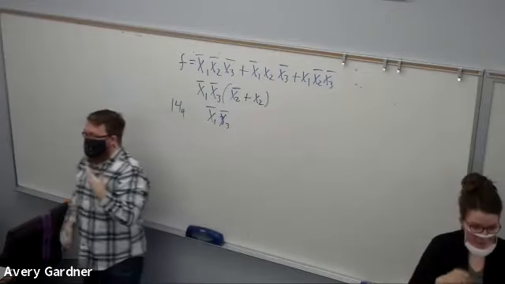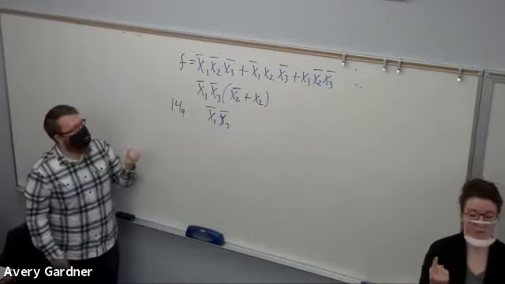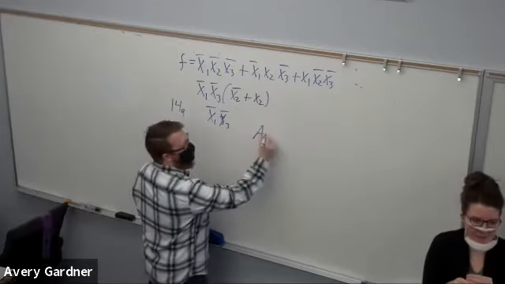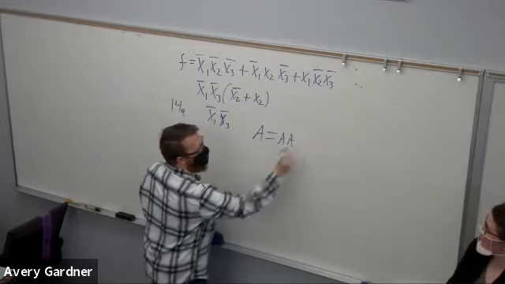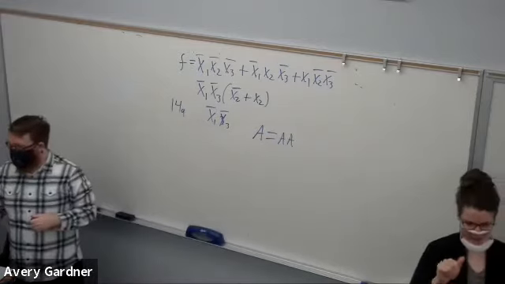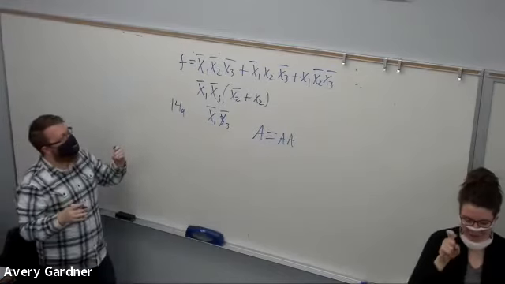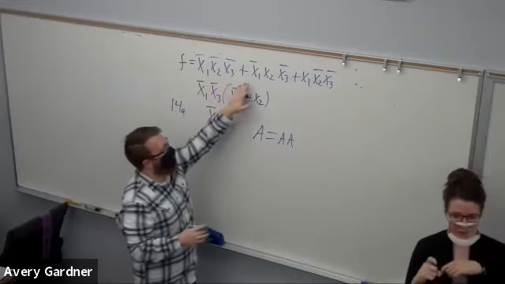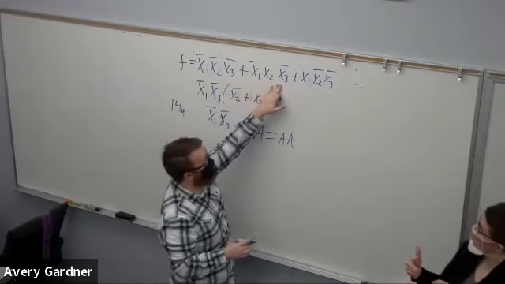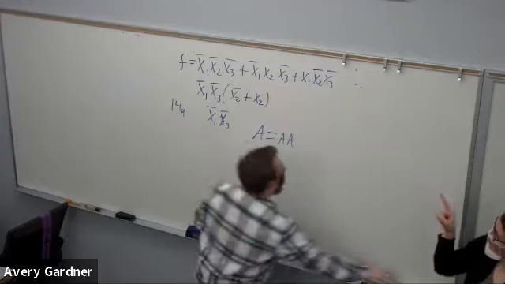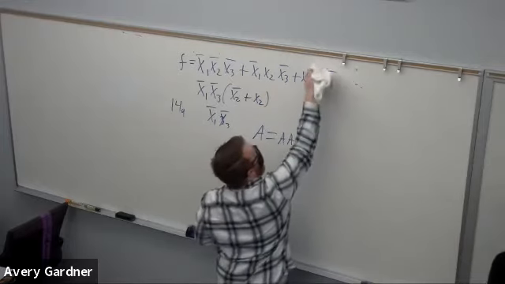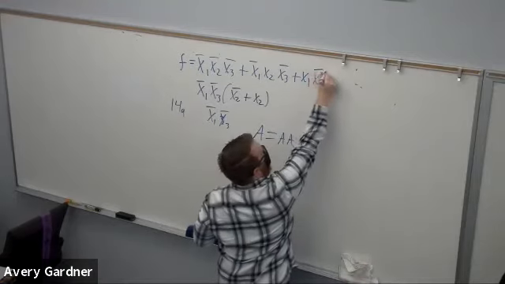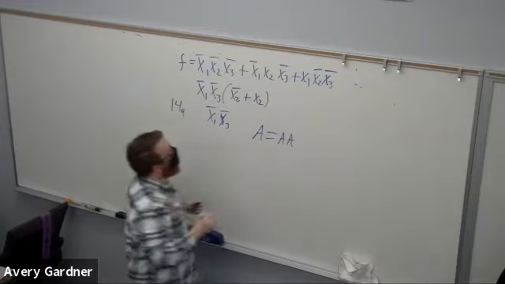Now, because these are just minterms, this happens reliably all the time. And a lot of times the simplification involves adding an extra copy of a term, right? Because if I say something like A is equal to A and A, it's fine. So if I had x1 bar, x2 bar, x3 bar, x1 bar, x2, x3 bar, and then I had a third term of this.